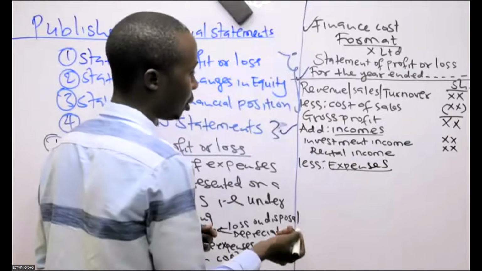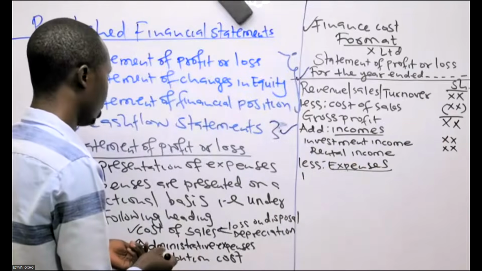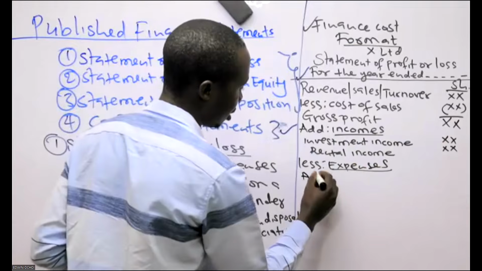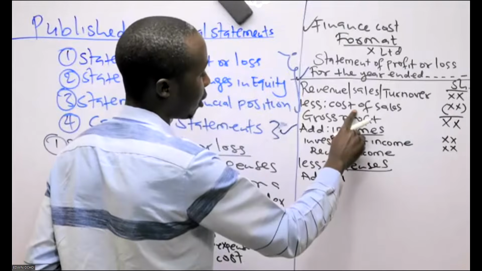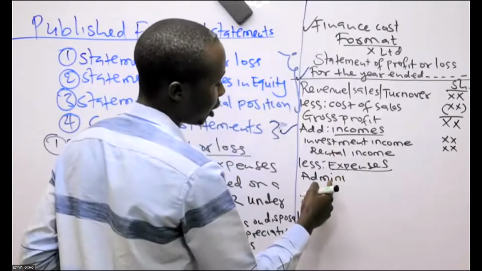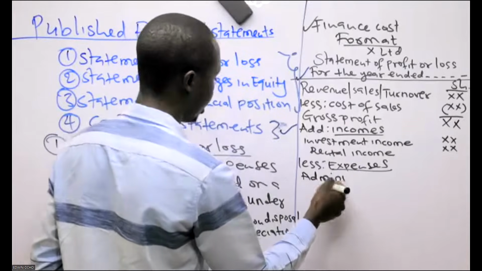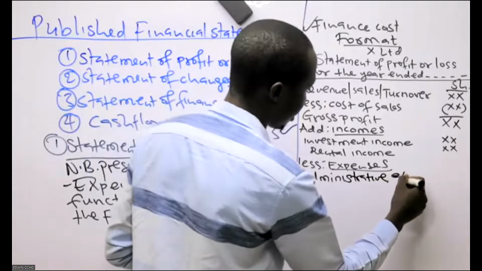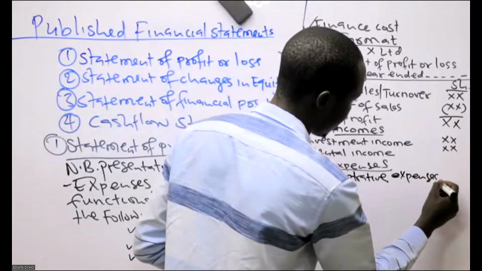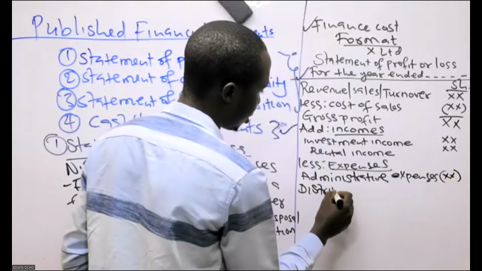So which expenses can we deduct? We'll be talking about admin expenses. Others, other than being included under cost of sales, will be classified under the administrative expenses and under the distribution cost.